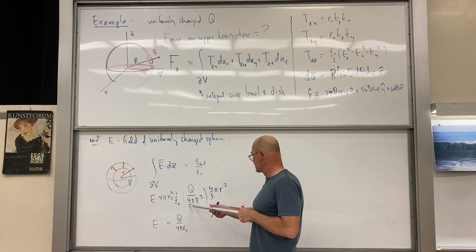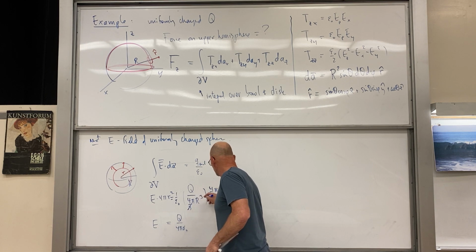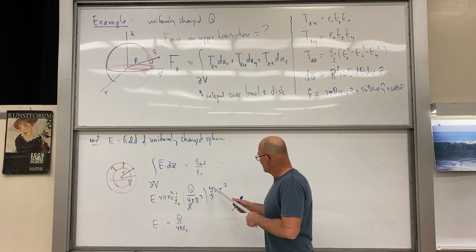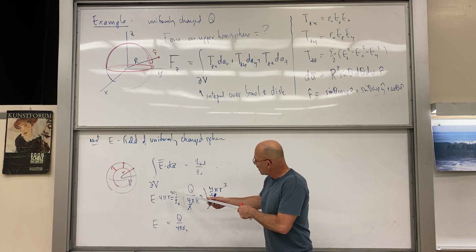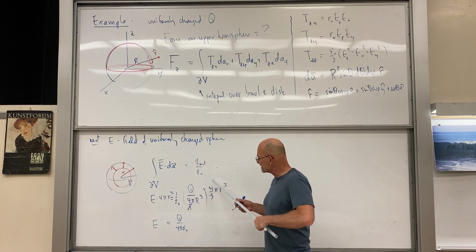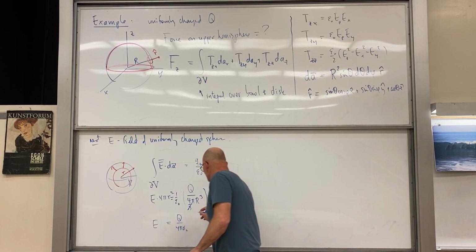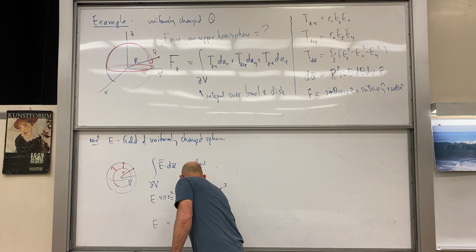When I solve for E, okay, I've canceled these 4/3. I'm going to be left with an r linear when I cancel that one there. So r over this R cubed here.